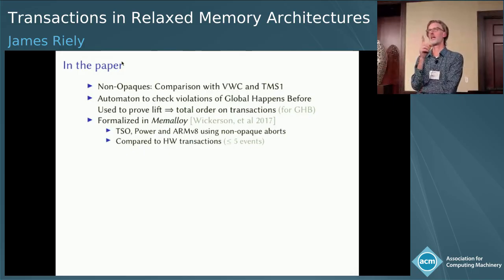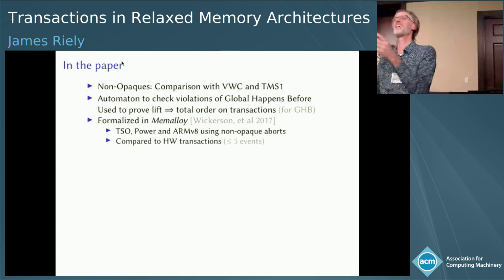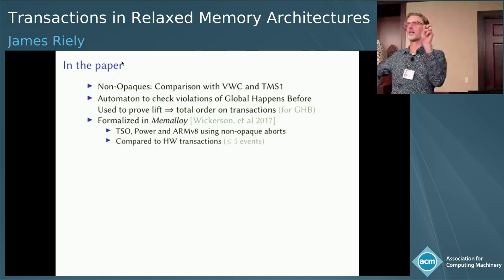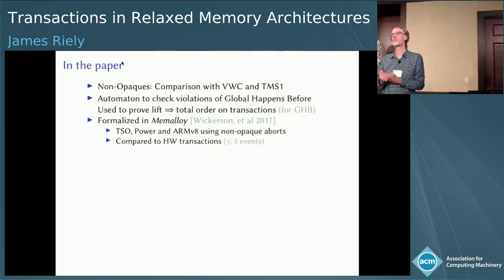Other than the things we've talked about, it's not clear that we would be able to help you with other transactional models. One thing is, I do think that the notion of correctness we have is about as weak as you could reasonably expect. So I would be surprised if you came up with something that people would say is okay but didn't pass our model. Okay, thanks. So in that sense, it'd be a bound, if you like, on what's reasonable.